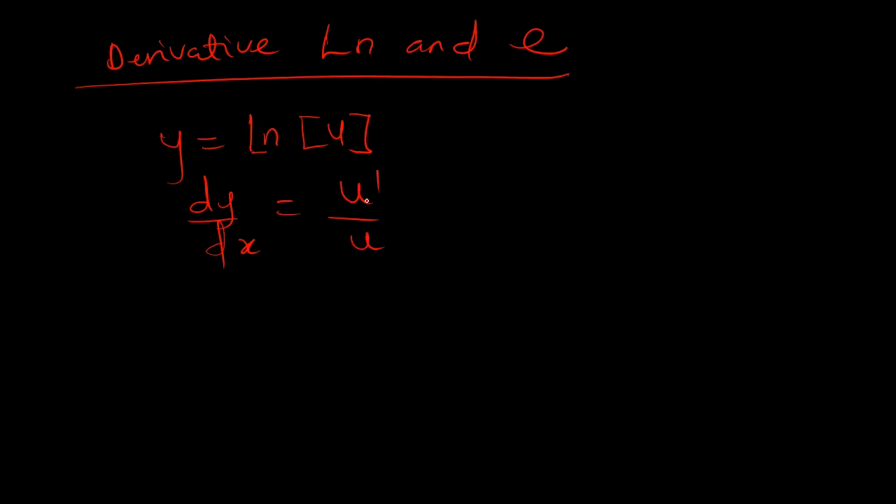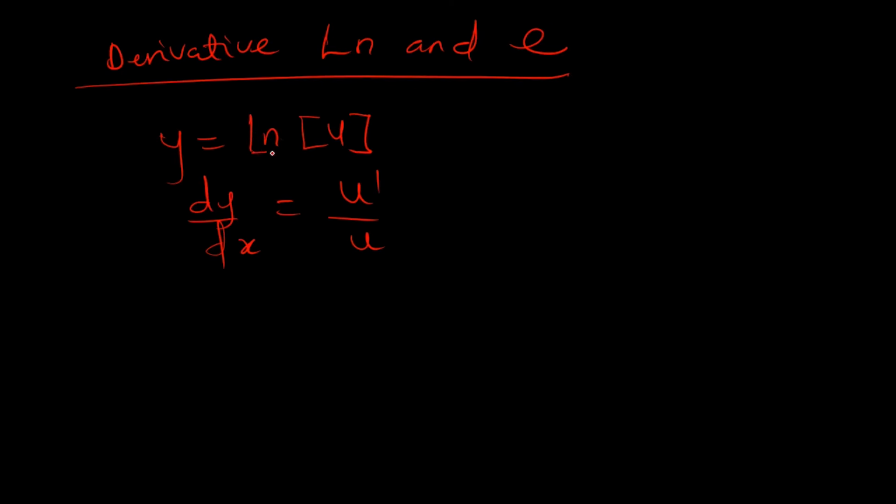So what you do when you have a natural log is, you are probably going to have natural log of a certain function or natural log of a certain expression. So make that expression equal u, then you differentiate that expression. So the derivative of that expression divided by that expression itself gives you the derivative of that whole function.